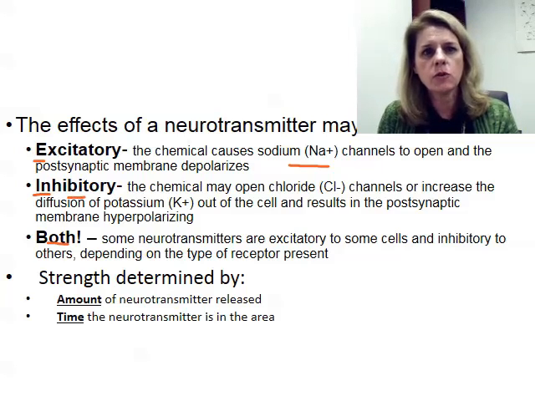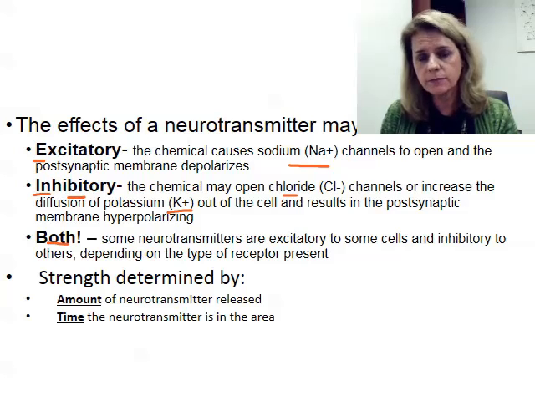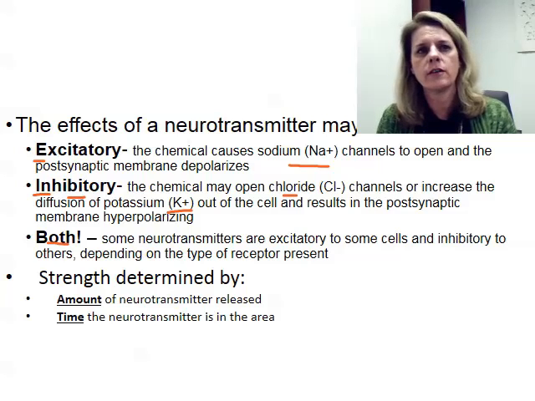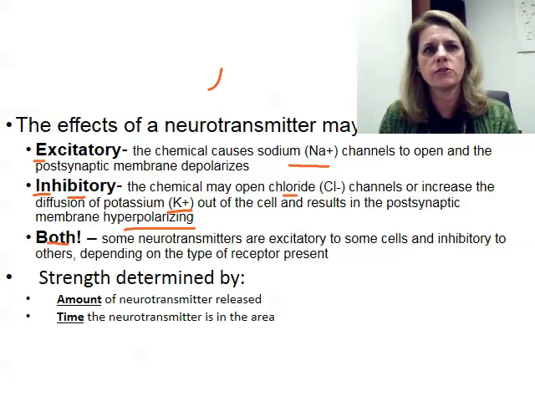If it's inhibitory, it may open a chloride channel, or it may affect the potassium flow. And if you open the chloride channels or allow potassium to move, you're going to have hyperpolarization, which, if you remember your action potential, this will be the hyperpolarization.